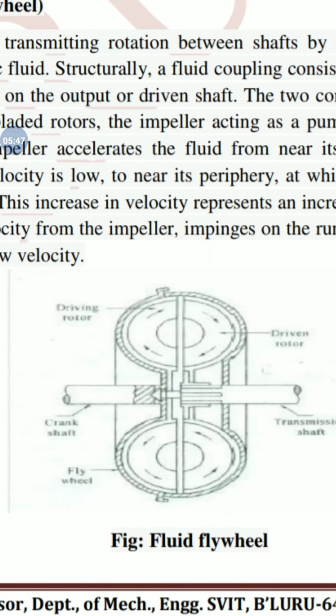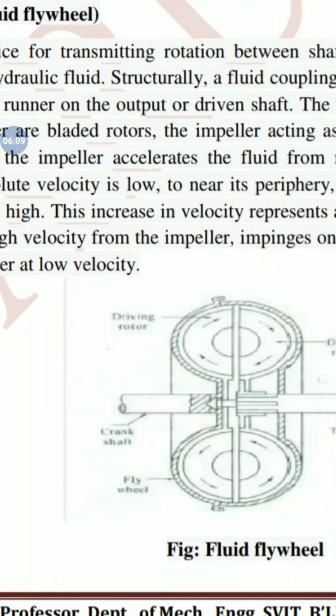This accelerates the transmission shaft and couples it, so the same rotational speed is transmitted to the transmission shaft. This is how the rotational speed from the crankshaft is transmitted to the transmission shaft, and how the fluid flywheel works. So that is about the fluid flywheel coupling.